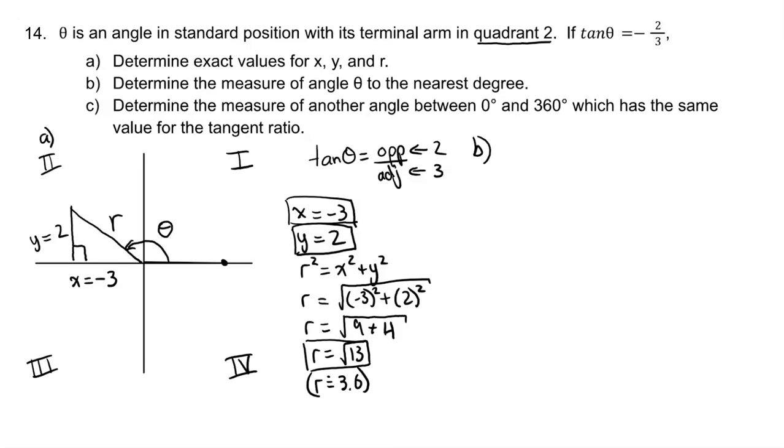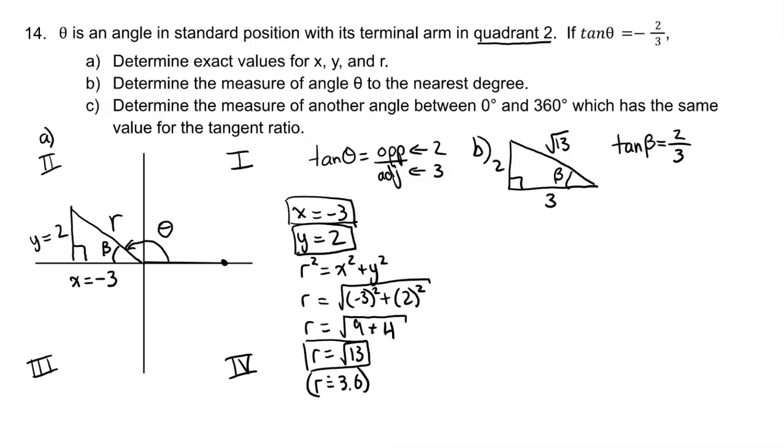Now, the easiest way to do this is to think about the related acute angle here being beta. If we just get away from the coordinates for a moment and think about the triangle that's there, we see this triangle that's 3, 2, and root 13. So we're labeling that related acute angle right in here. It's a 90-degree triangle, so tan of beta is equal to the opposite, which is 2, over the adjacent, which is 3.